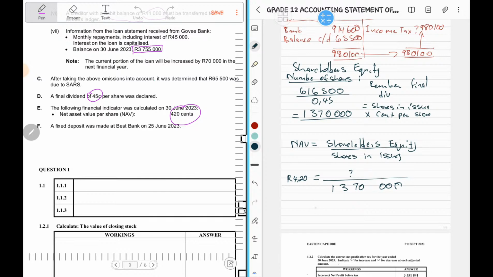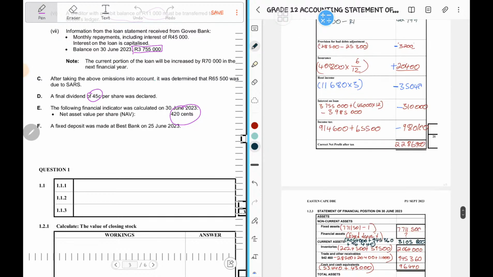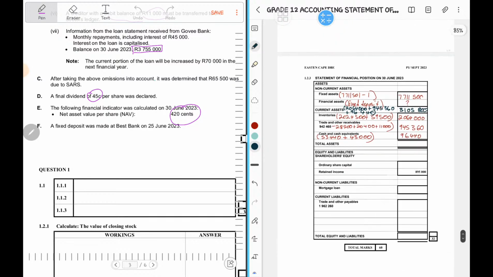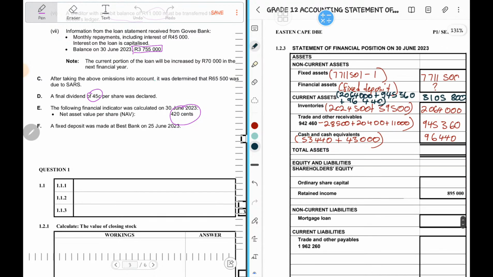So when you do the entire math calculation, I believe when you change a division sign, it becomes a multiplication. So it will be 420, then you multiply by 1,370,000. So this will be how we are going to calculate our shareholders equity.